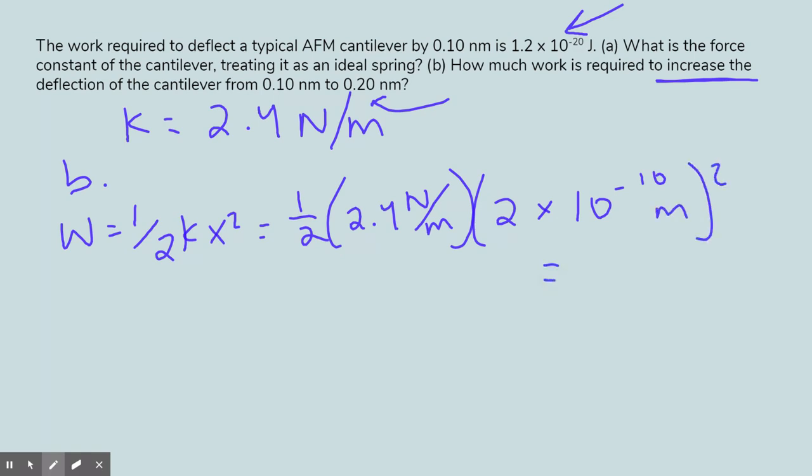You'll find that the work is equal to 4.8 times 10 to the negative 20 joules. We want to know how much it increased, so we just need to find that difference.